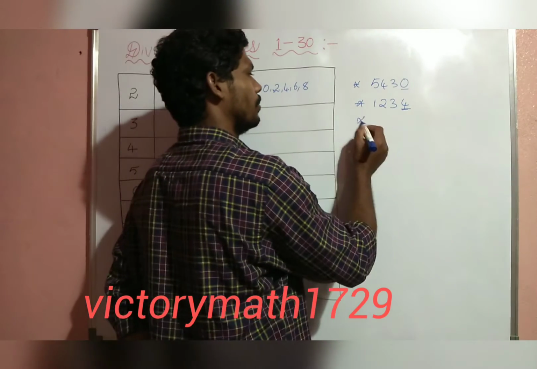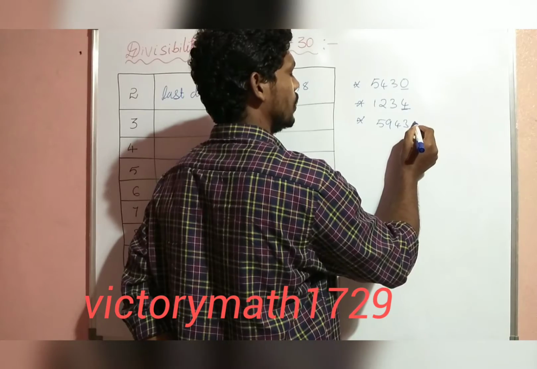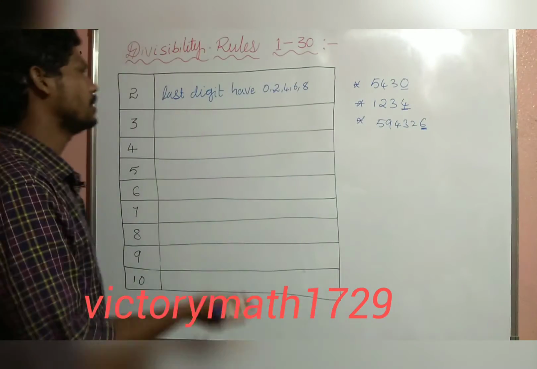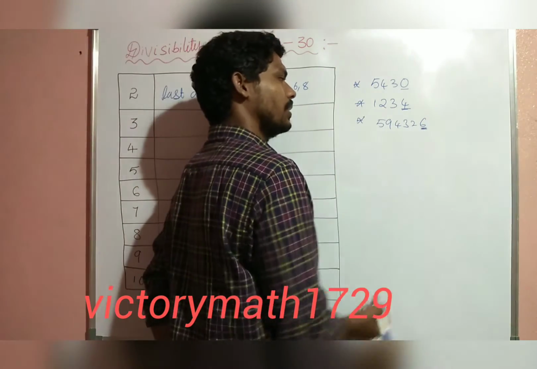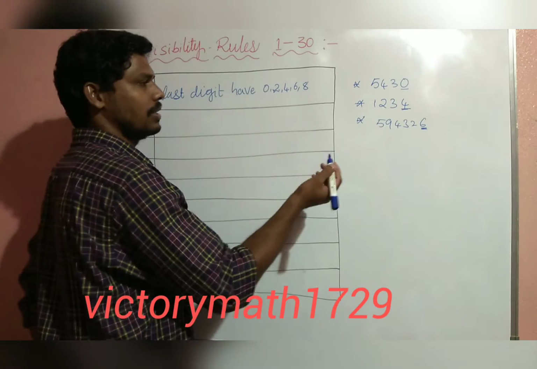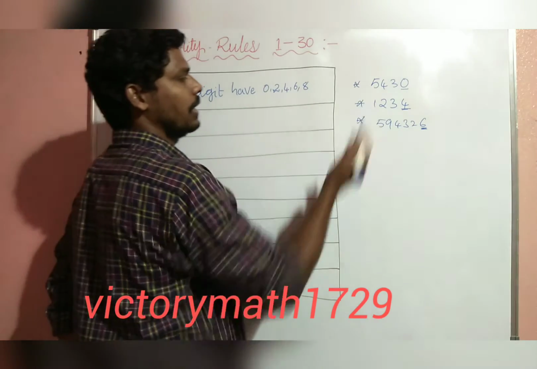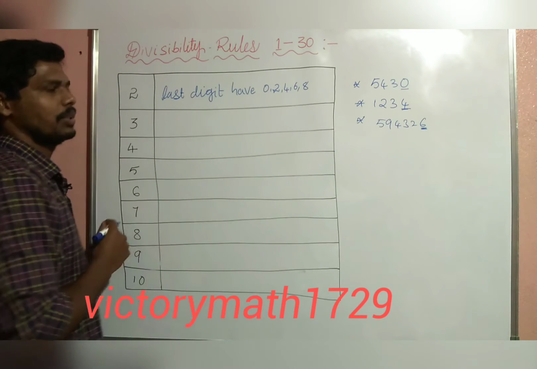One more example: 594326. Here the units place is 6, so it is automatically divisible by 2. Since its last digit is 6, this is an even number. The last digit must be an even number. Even digits are nothing but 0, 2, 4, 6 and 8. These are the examples of the divisibility rule of 2.